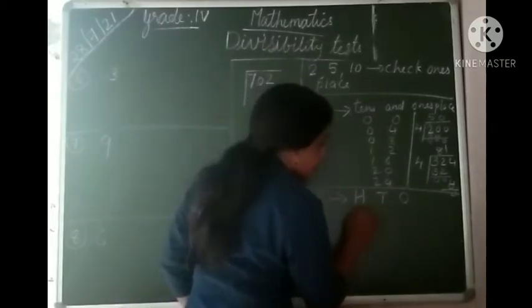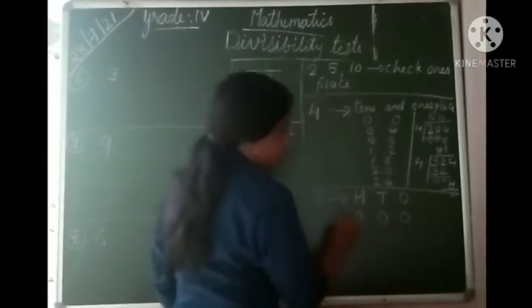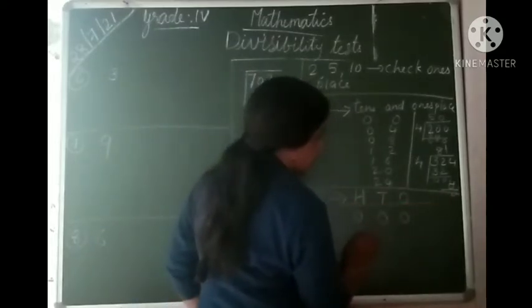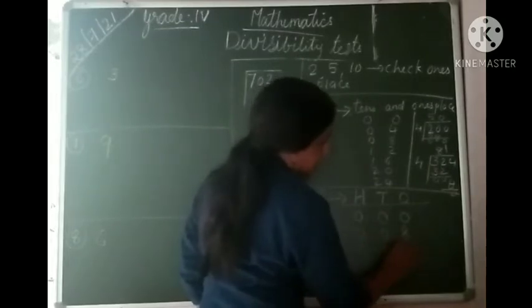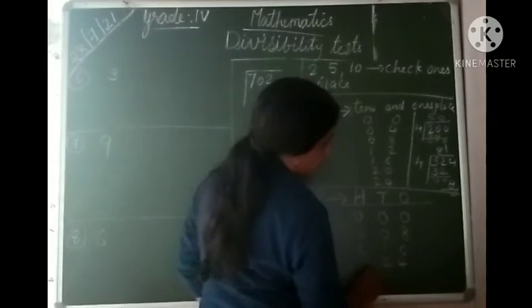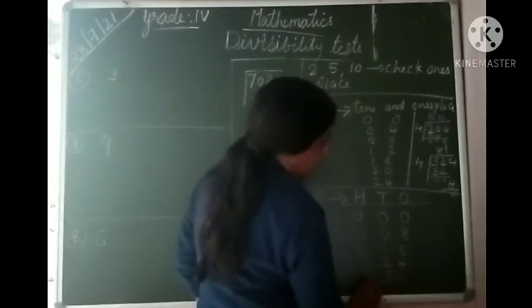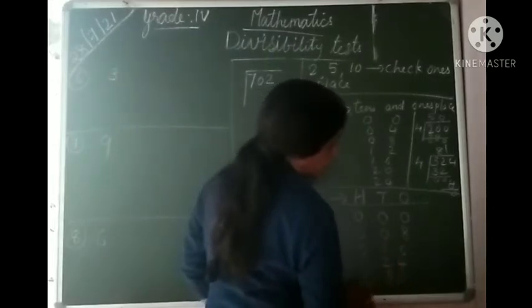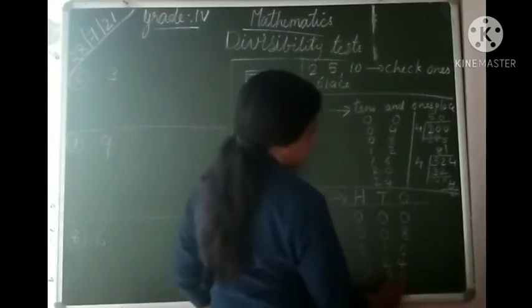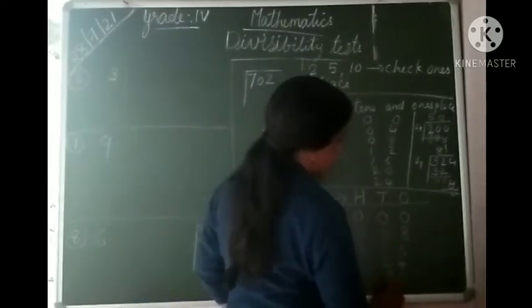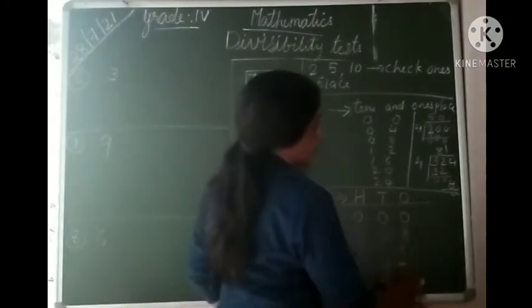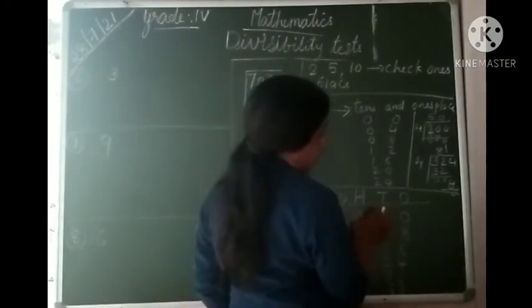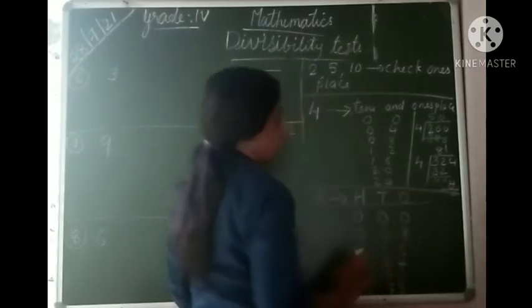If all 3 places are zeros, or the number comes in the table of 8, such as 016, 024, 080, 088, etc. Understood? Like that, by checking the hundreds, tens and ones places.